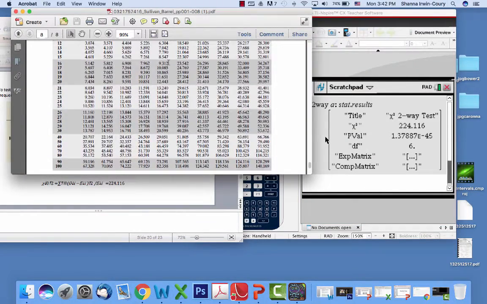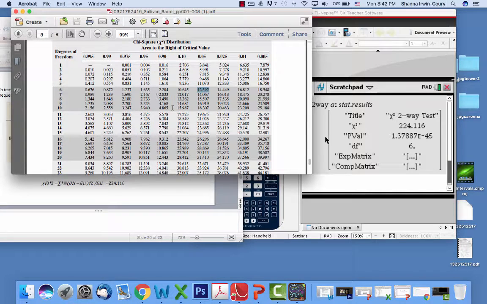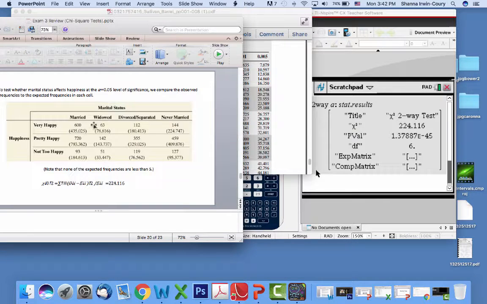Right, these are all the boundaries. If this is the alpha you want, then these are your boundaries based on your degrees of freedom. It does not tell you, if you have 224.116, what's your actual p-value. This one does. So if you do it in the calculator, you know that there's a 0.00044 zeros 137,887 chance of this sample being like this if these two things are independent.